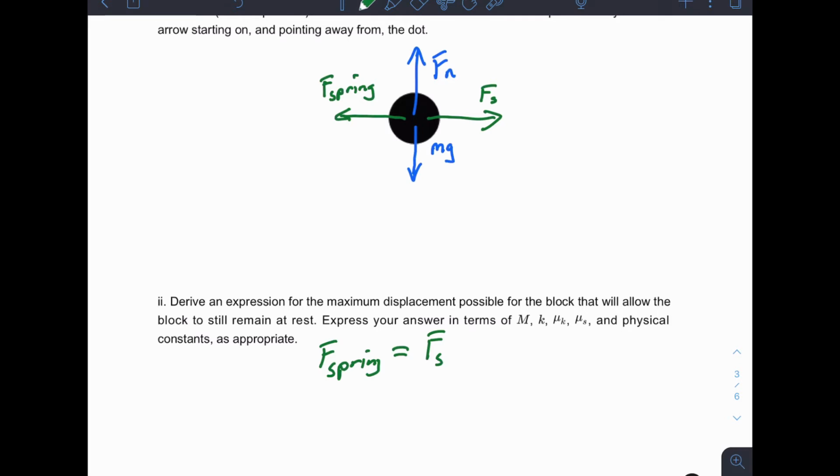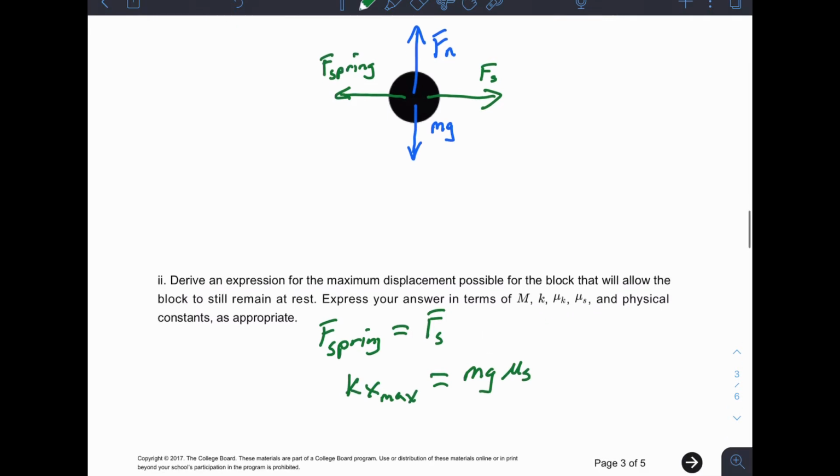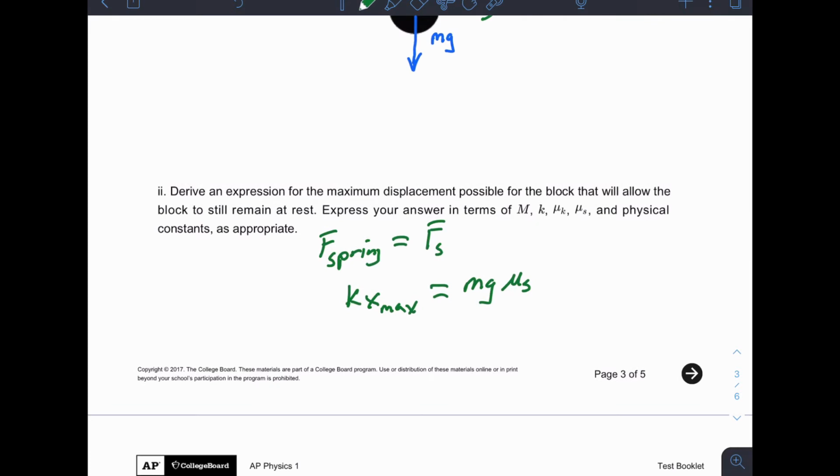Now, F of the spring is Hooke's law, kx, and the static friction force is mg, or the normal force, which is equal to weight, times mu s, because it's static. So we're looking for x, right? Expression for maximum displacement.